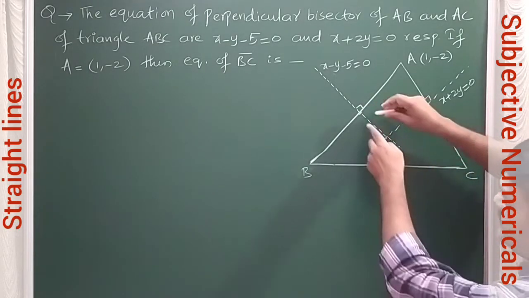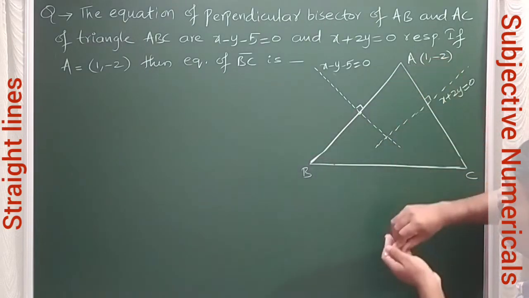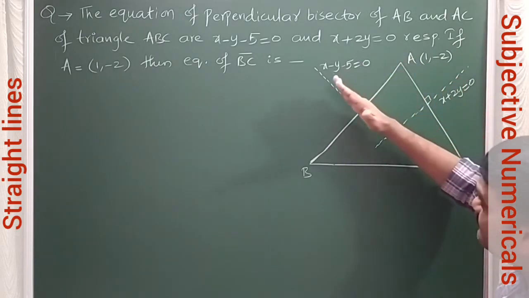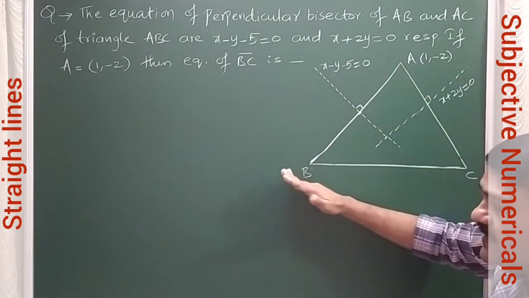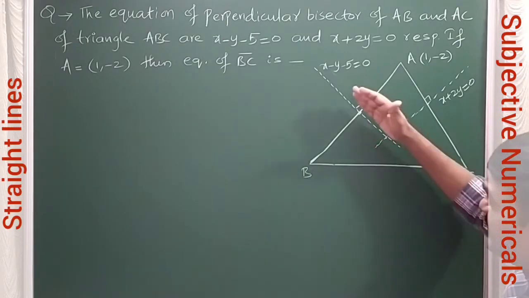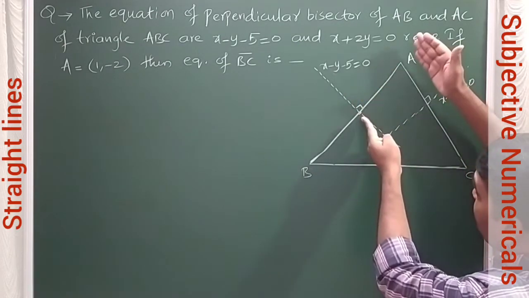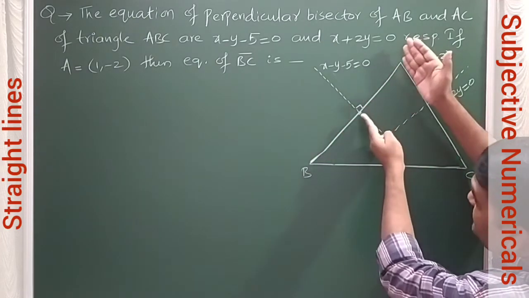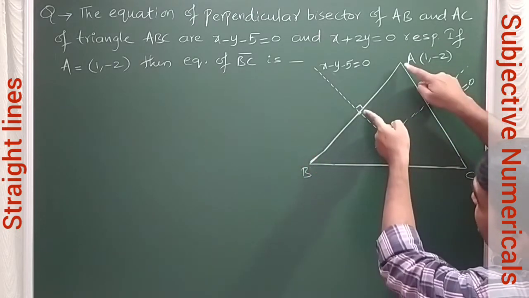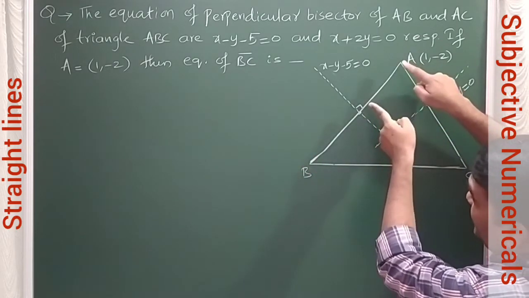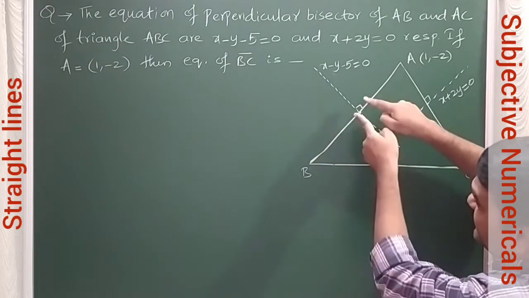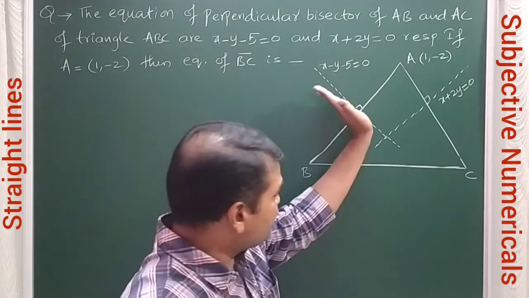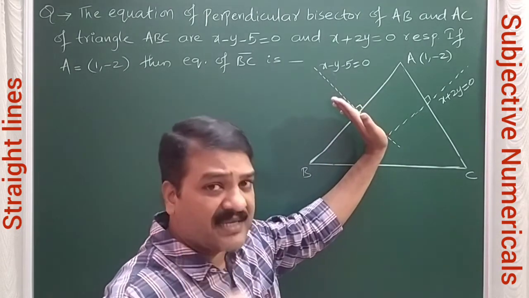Therefore, since this is the midpoint of AB, we can treat B as the image of A with respect to this line, because the image of A falls on the other side of the line at the same distance. Image means this line acts as a mirror.